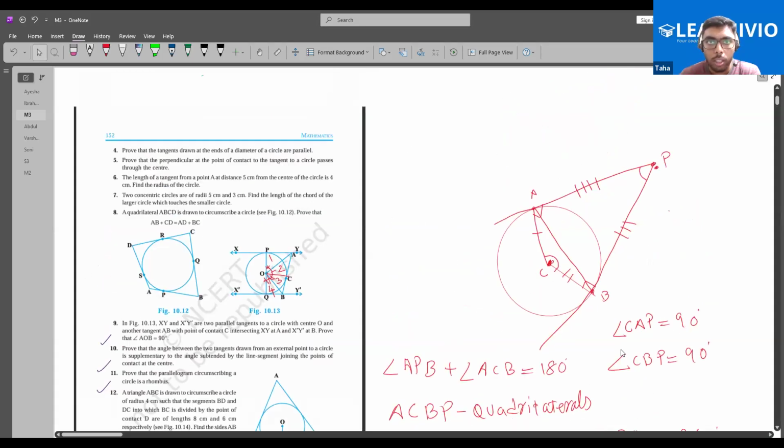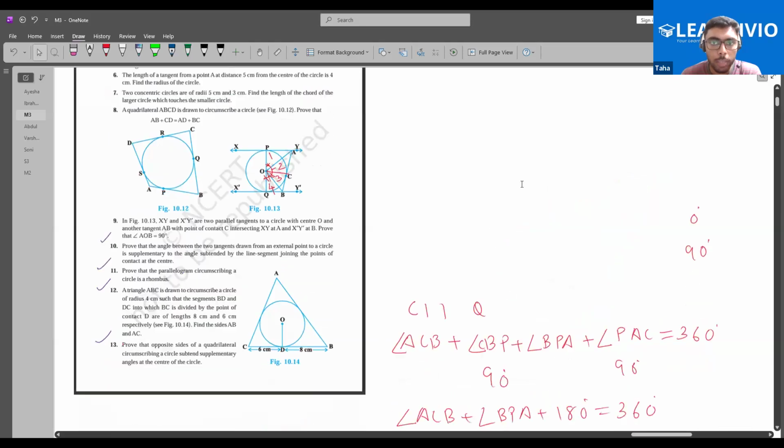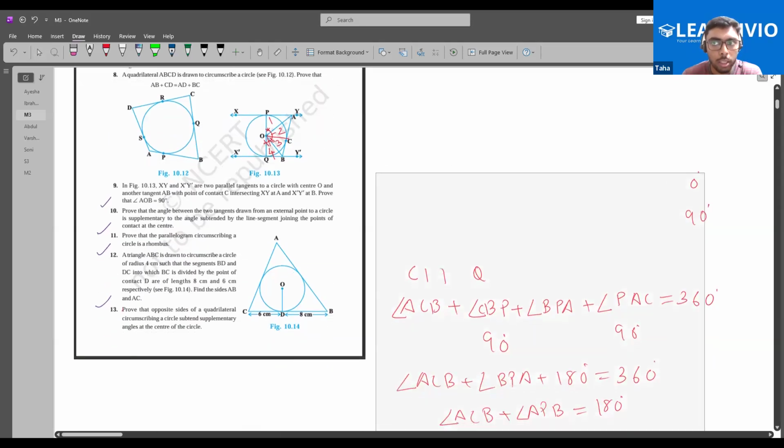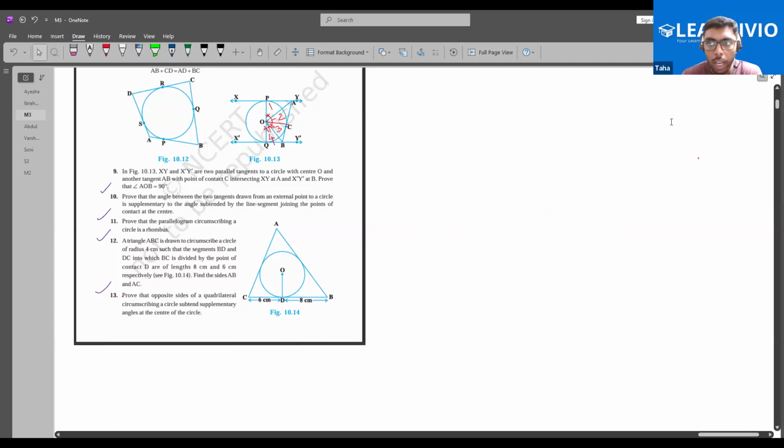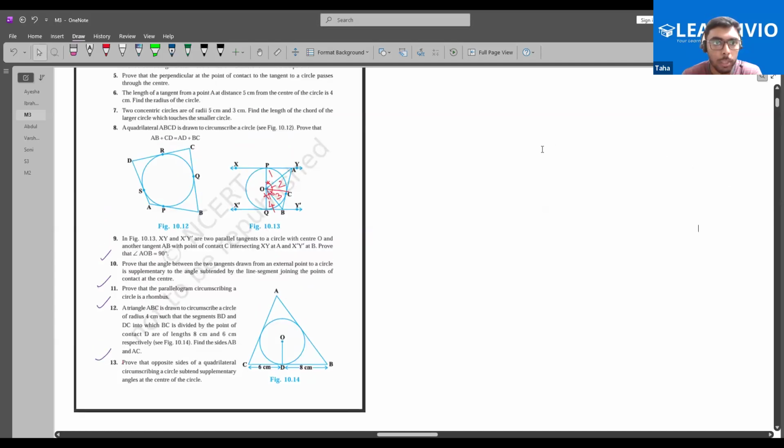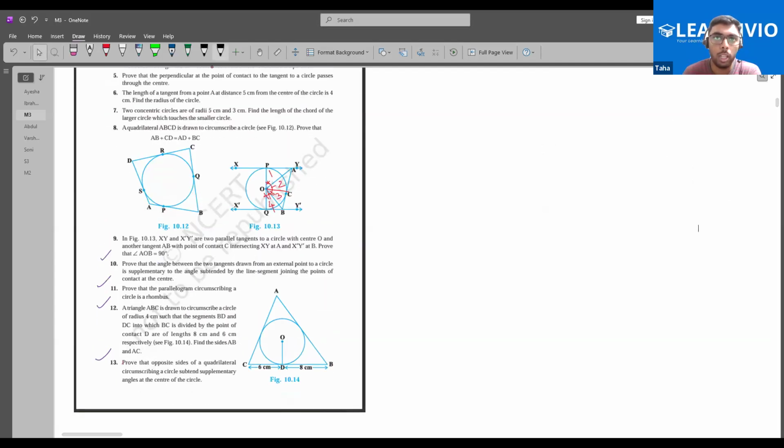Question number 11 talks about a parallelogram that is circumscribing a circle, and we need to prove that the parallelogram is a rhombus. What is a parallelogram? If I say that ABCD is a parallelogram, it is a quadrilateral where the opposite sides are parallel and equal, right?